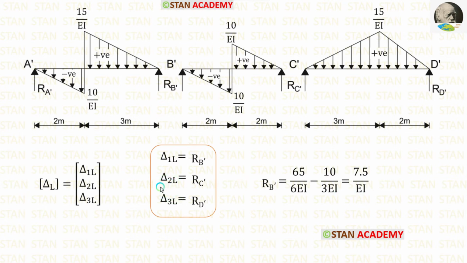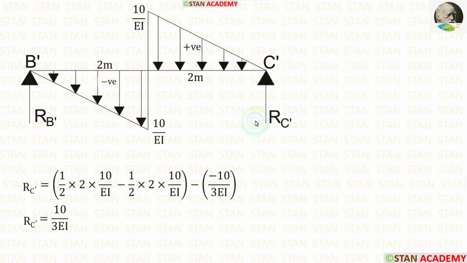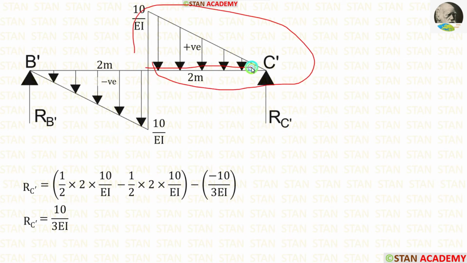Now let us calculate delta 2L. For that we have to find RC dash. First let us take the beam B dash C dash and find out RC dash. Here RC dash can be easily calculated by subtracting RB dash by the total load. This triangle is above the line, so the area will be positive.